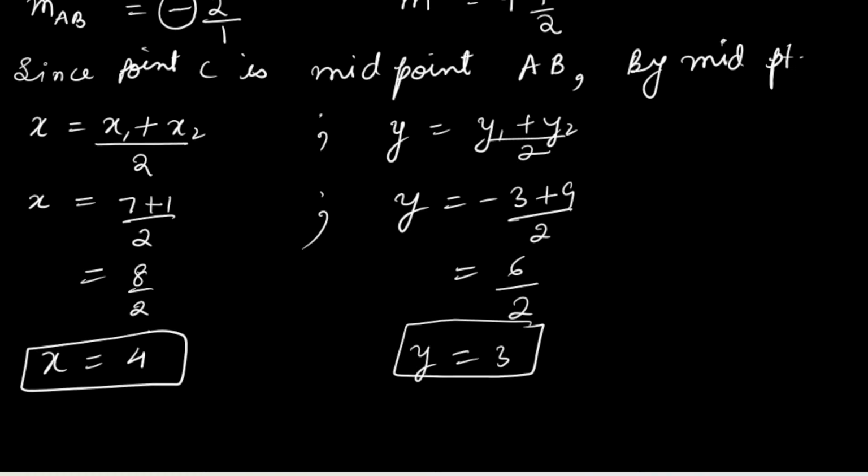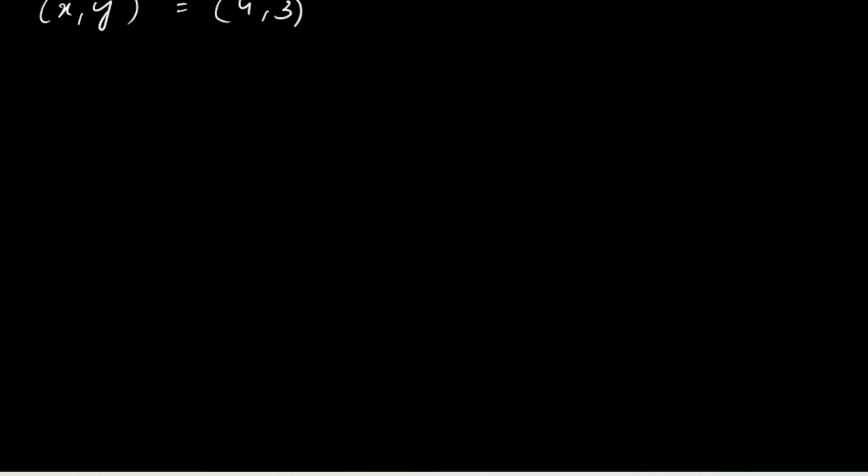We have found x, y. The x value is 4, the y value is 3. So these coordinates we can write as x1, y1, and the slope we have found as 1 by 2.